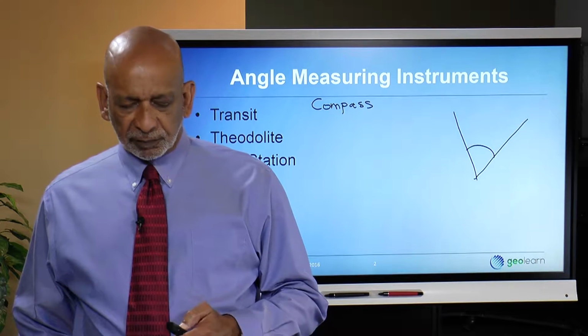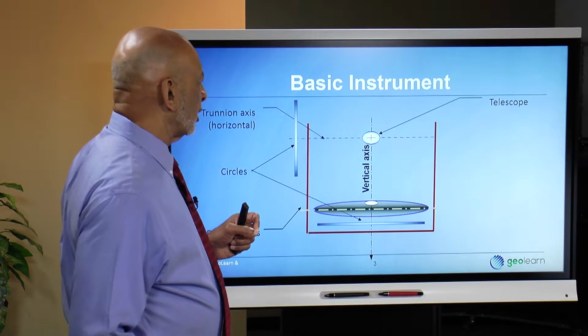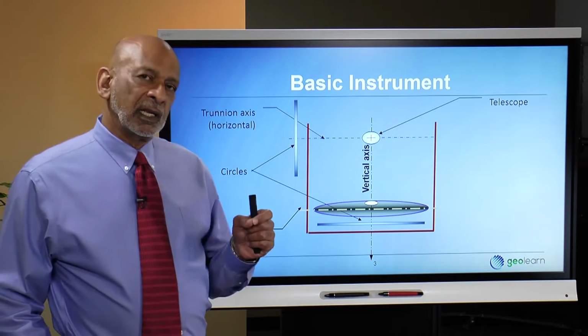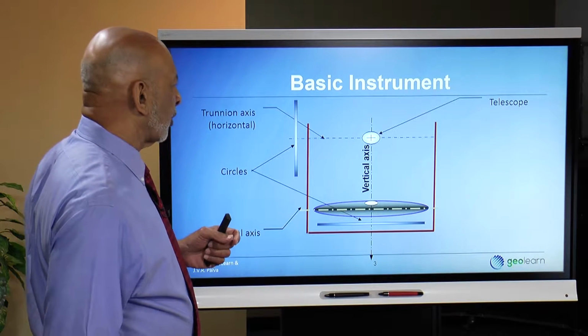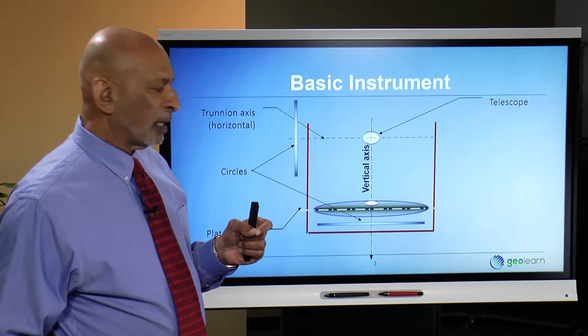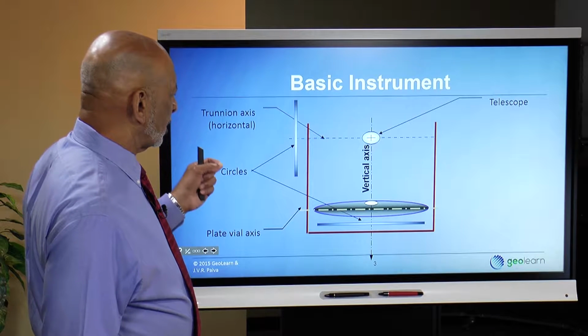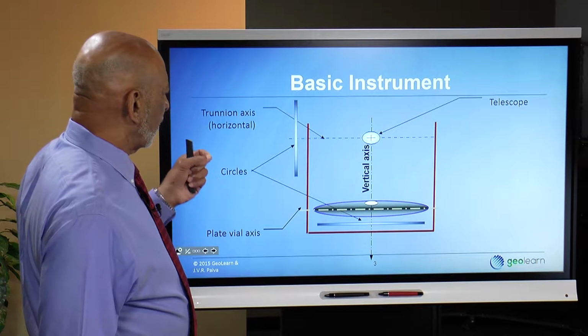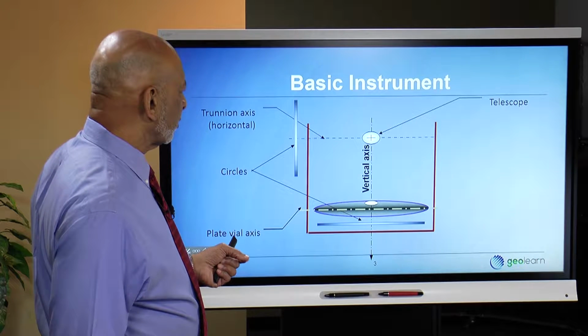of lines. So let me talk about what the basic instrument would be if it is a transit, a theodolite, or a total station. We'll talk more about what those three things are or what distinguishes them a little bit more here. But these all have some similarities, and those similarities are in this conceptual diagram.